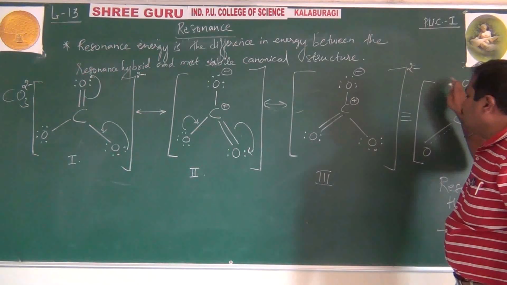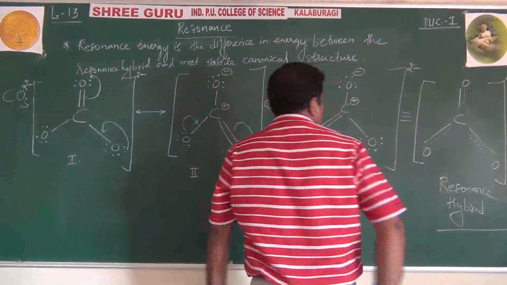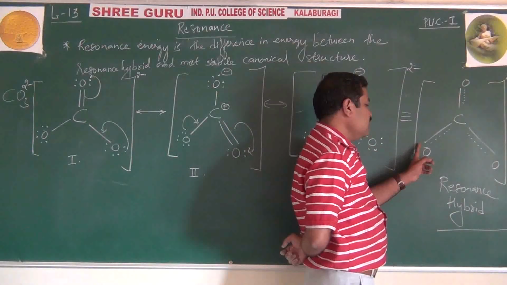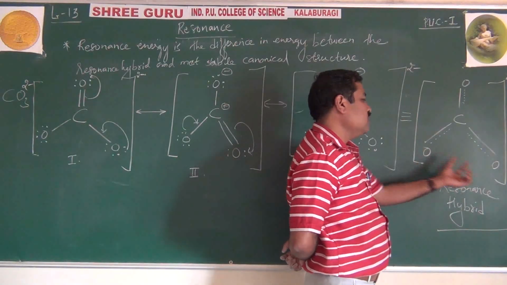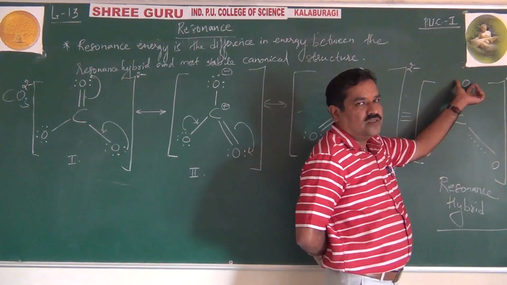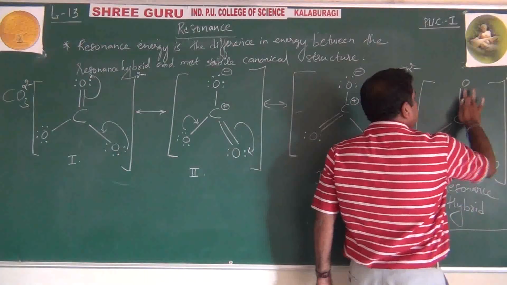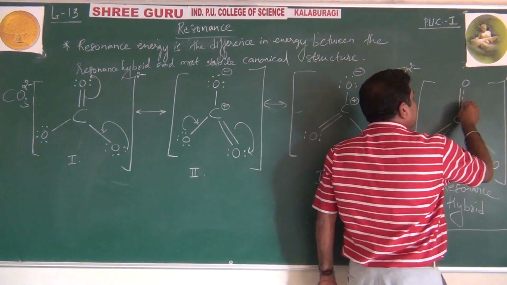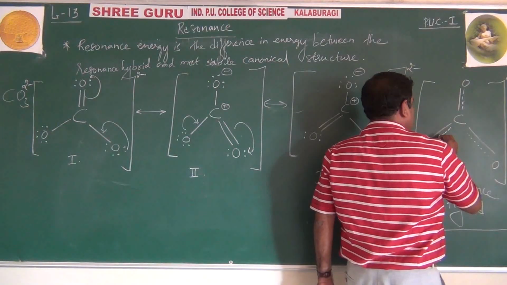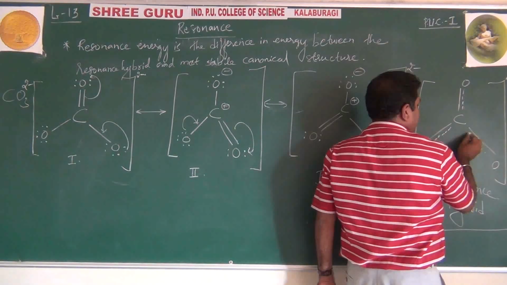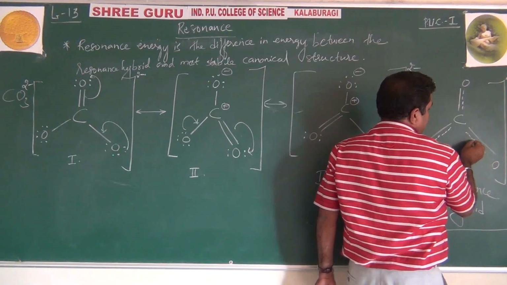See, here one pair of electrons is not written, it's okay. But see, 2, 4, 6, 8, 2 lone pairs here, here also 2 lone pairs, and here also 2 lone pairs. And this double bond character you compulsorily have to show like this, only with the dotted line. This is called the resonance hybrid.